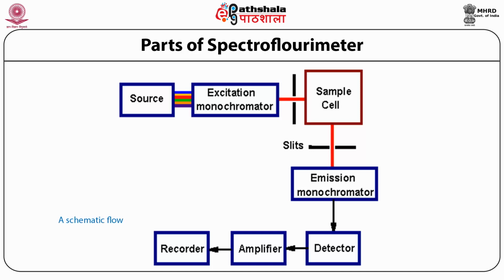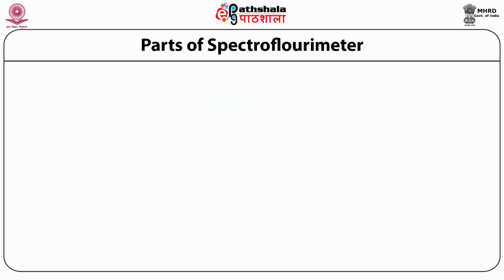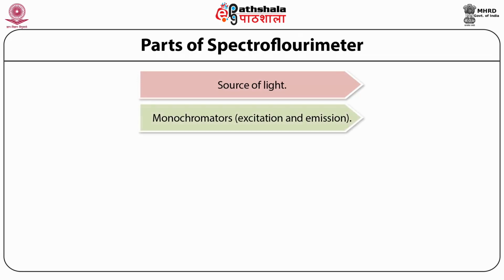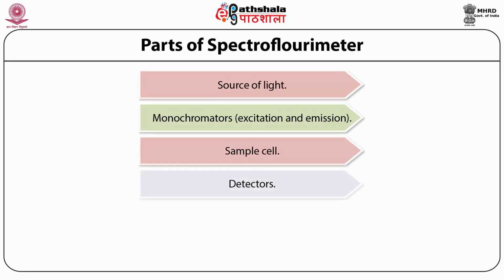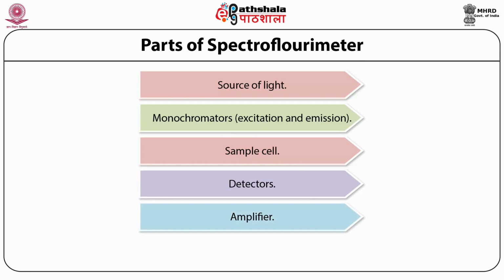The selected wavelength is fed to the detector, followed by an amplifier and recorder. Various parts of the spectrofluorimeter include the source of light, monochromators, that can be excitation monochromators and emission monochromators, a sample cell, detectors, commonly photomultiplier detectors, an amplifier, and a recorder.